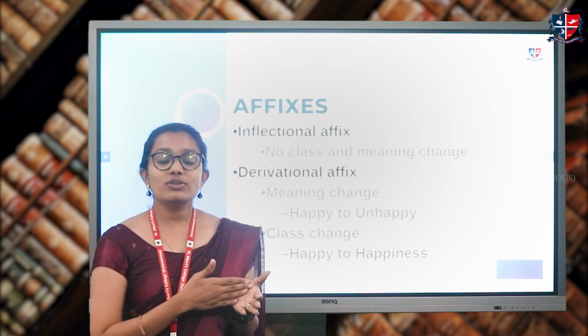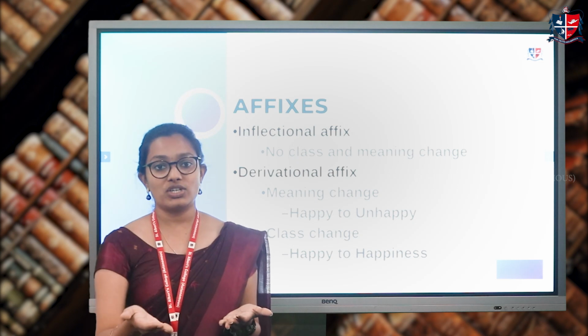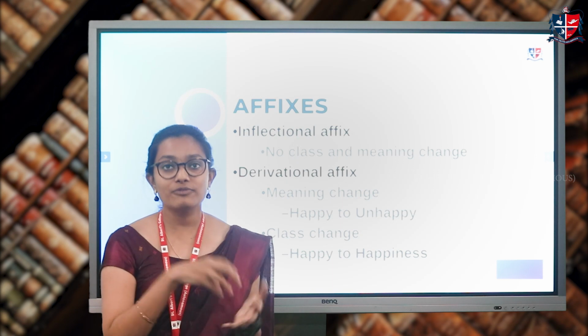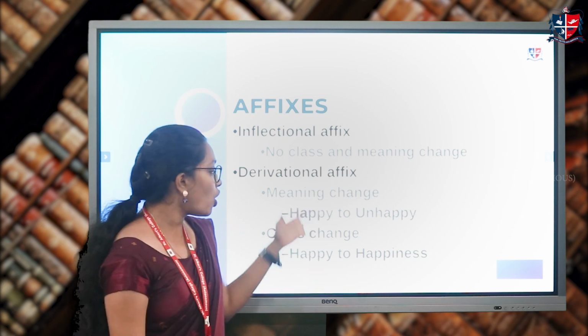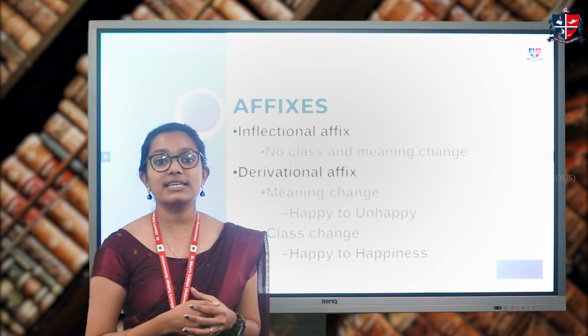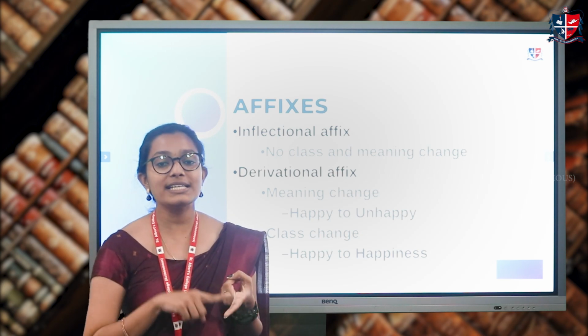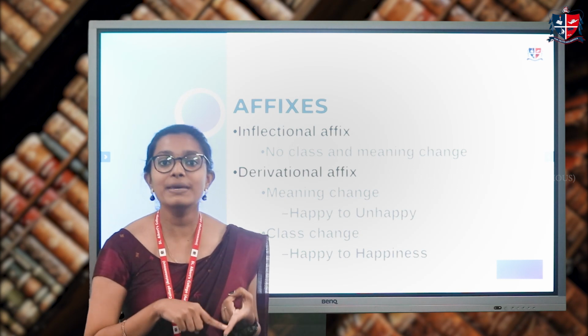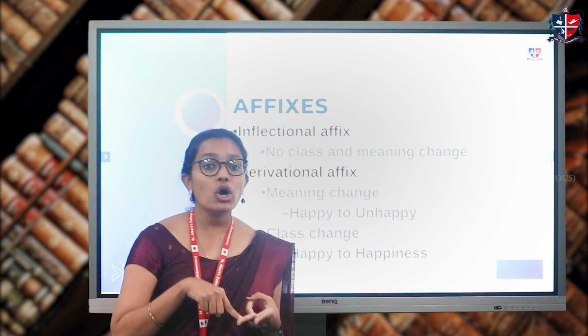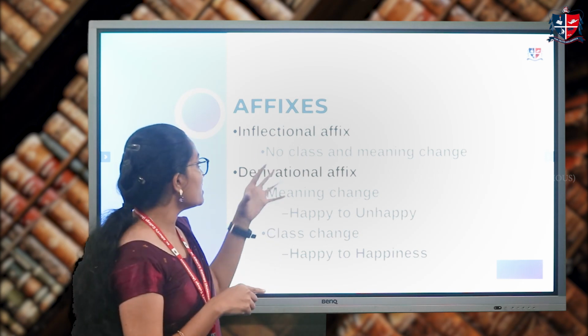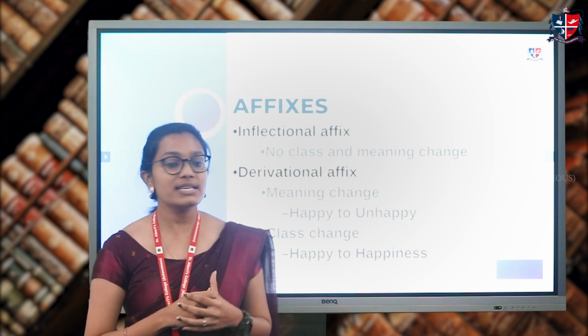So you can see that the class is changing, noun to adjective or verb to noun. You can see all these things when you are attaching a derivational affix. So in case you are attaching a derivational affix, there will be a change in the meaning or a change of class. So these are the two types of affixes.